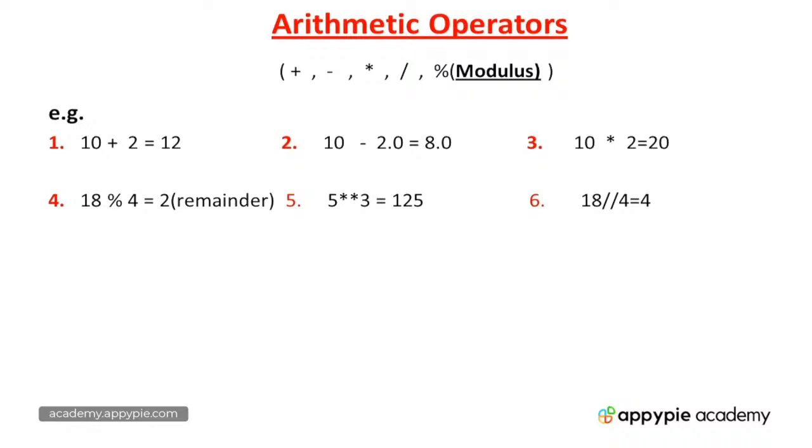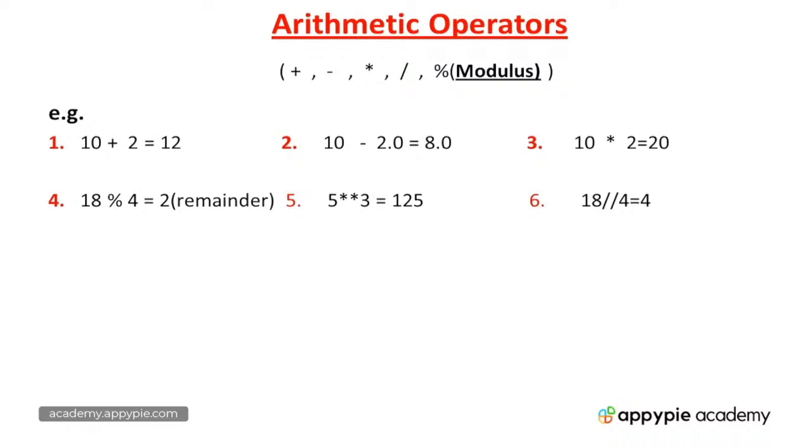Then see at number 4, 18 modulus 4. This percentage symbol is called modulus or modulo. This operator, as I have told you, gives the remainder. So when we divide 18 by 4, we get 2 as the remainder. We are not talking about the quotient, we are talking about the remainder after the division.